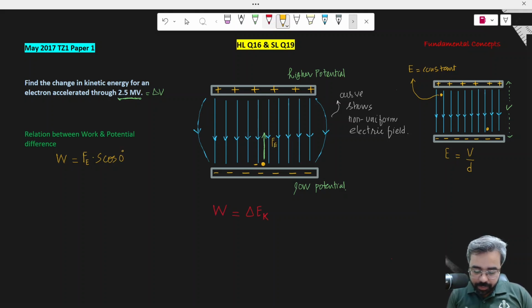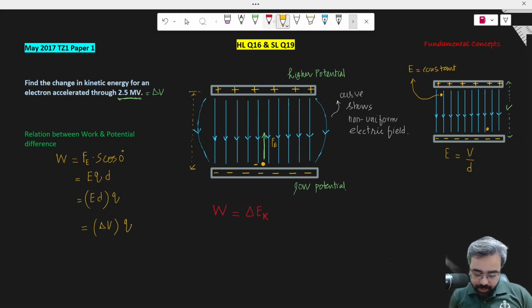So the electric force is EQ, and I'm writing E because E is constant. Q is the charge on the electron, and S is the distance between the plates, because in this specific example, I'm assuming that it's going from negative to positive. As I mentioned, it is not necessary. So it is EQD. Now, this E times D is equal to the potential difference.